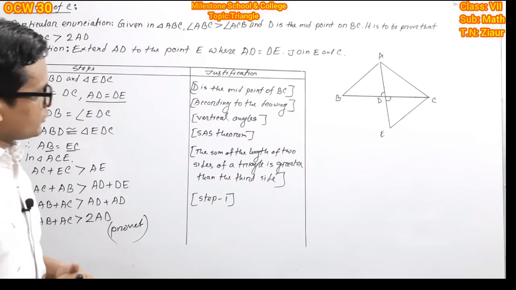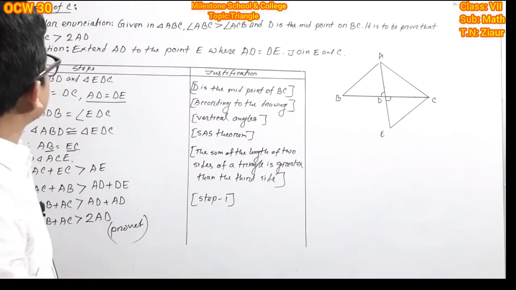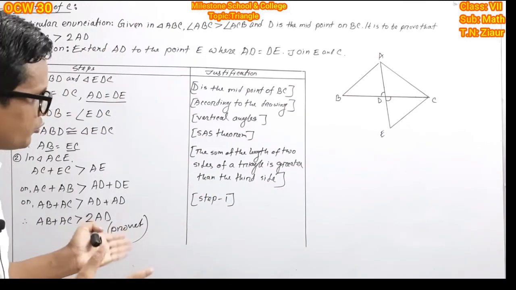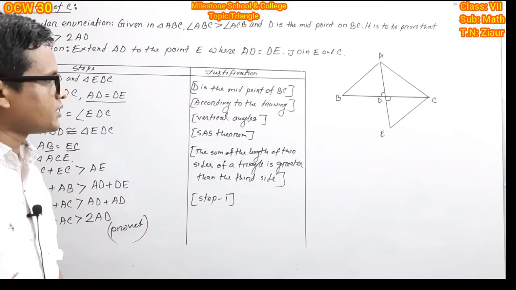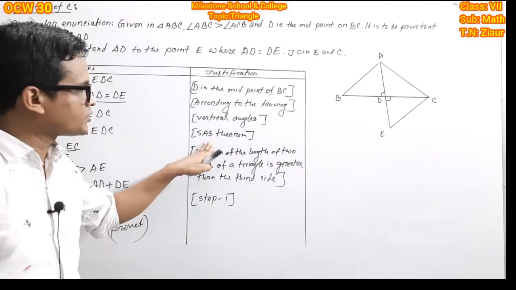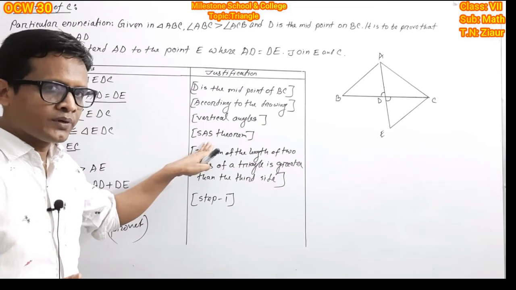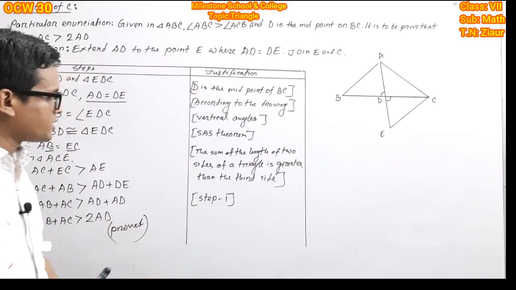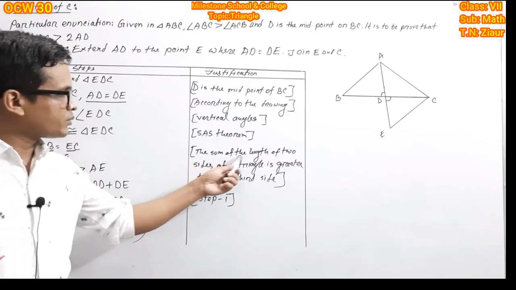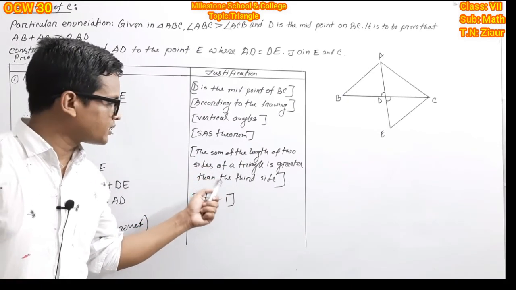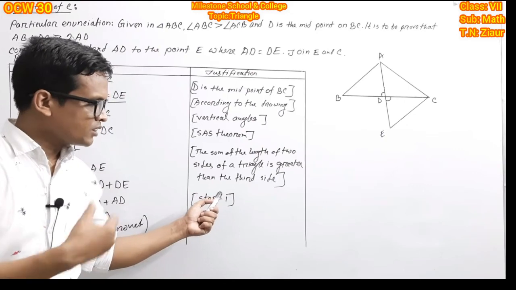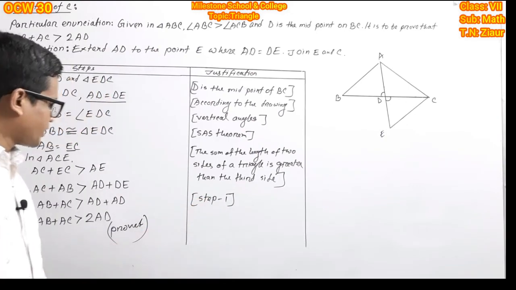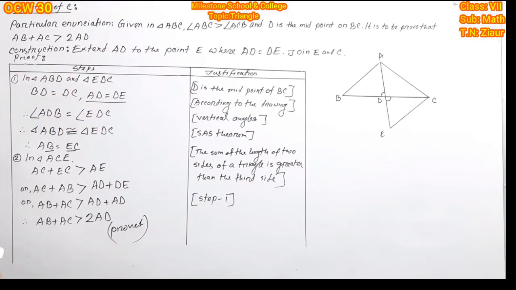So this one is very easy. Just watch again and again, then you will understand, because this one is a new idea, the SAS theorem. In the first time I have already told that you have to write it like this way. And the sum of the lengths of two sides of a triangle is greater than the third side; in theorem number 4 you have already proved it. So like this way you have to prove.